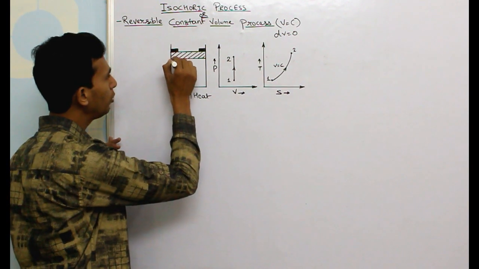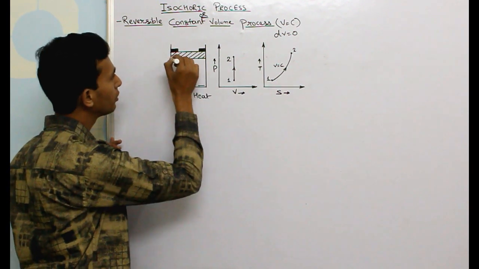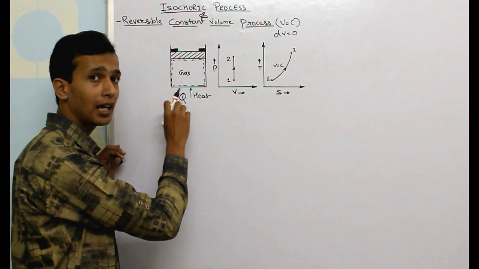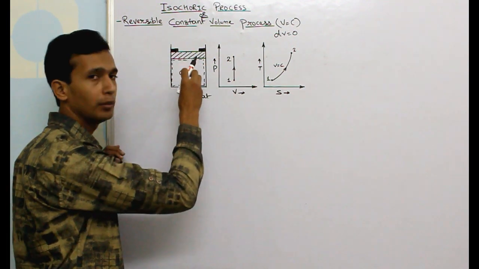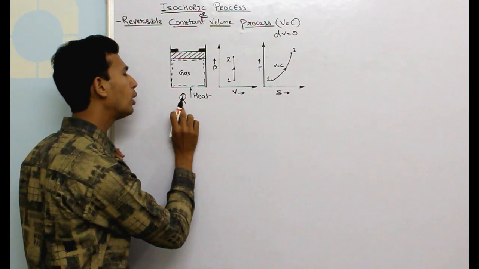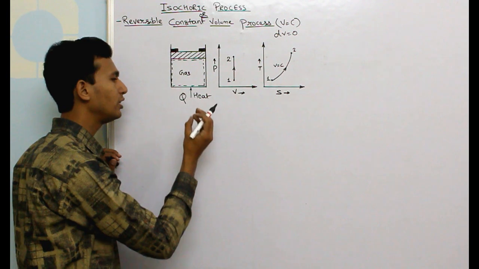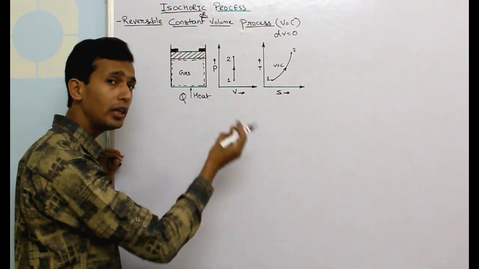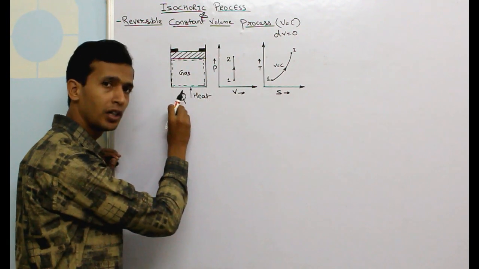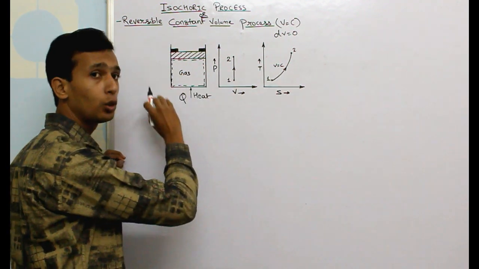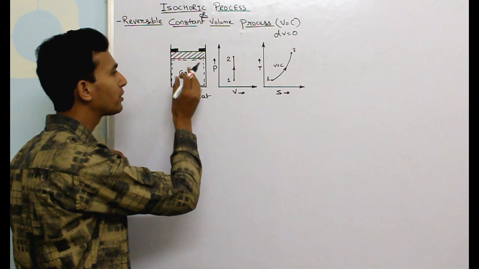So this is the volume which is available inside this container, and this is the gas volume which is available. Now suppose we are supplying Q amount of heat to this system. During the heating process, obviously the pressure and temperature values are going to increase due to the supply of heat, but the volume is not going to change here throughout the process, and hence it is an example of constant volume process.